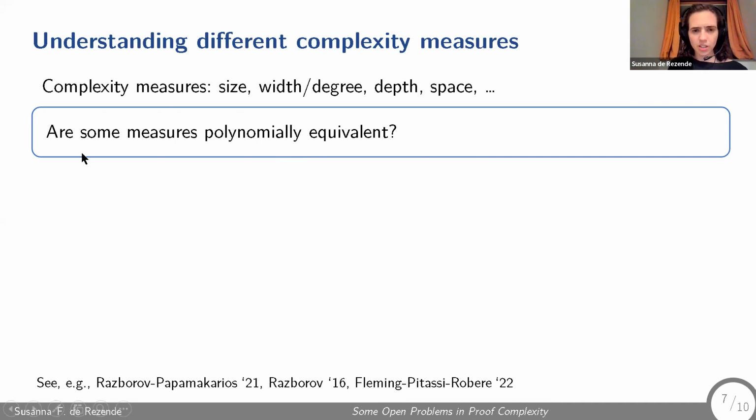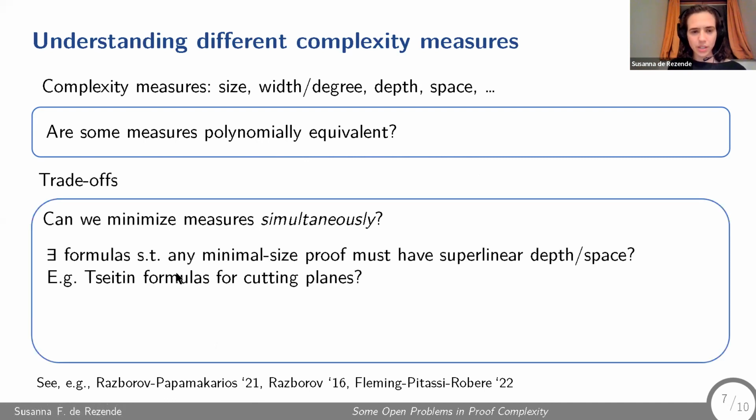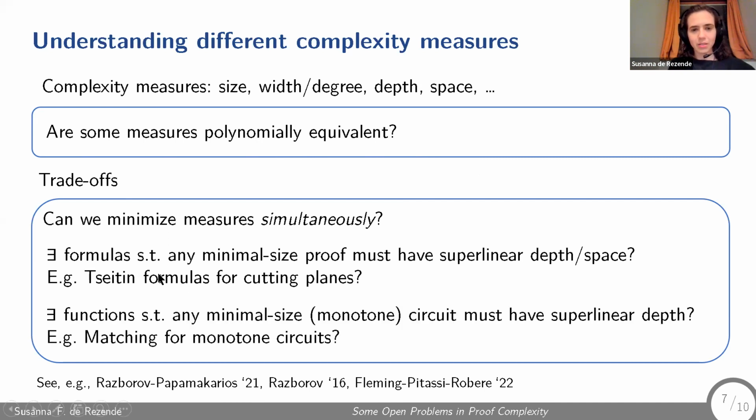We did not talk about this during this workshop, but Razborov and Papamakarios have a paper where you can see some more open problems on this. Also trade-offs, something we didn't talk about here, understanding what happens when we try to minimize these measures, whether we can minimize them simultaneously, or whether we get some kind of trade-offs.